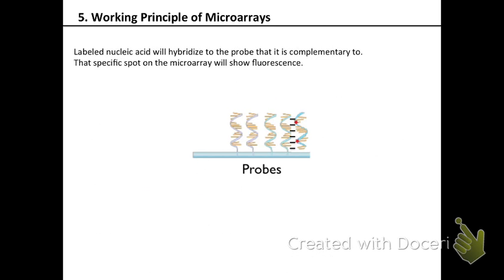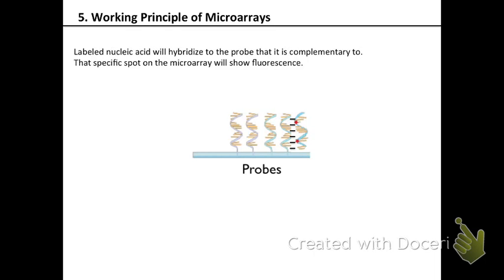So then you have the labeled nucleic acids, right? And the labeled nucleic acids, you're going to take them and you're going to hybridize them to all the probes that are fixed onto the glass slide. So if your fluorescently labeled sample hybridizes to a probe, that spot on the glass slide is going to have a fluorescence signal, right?